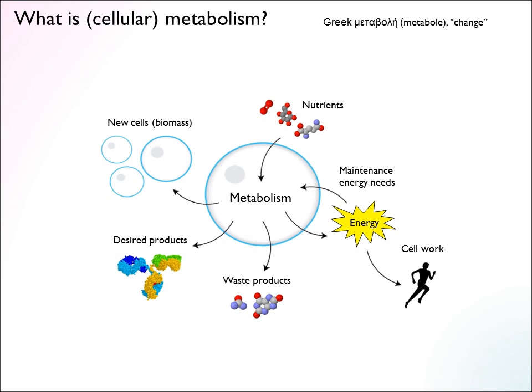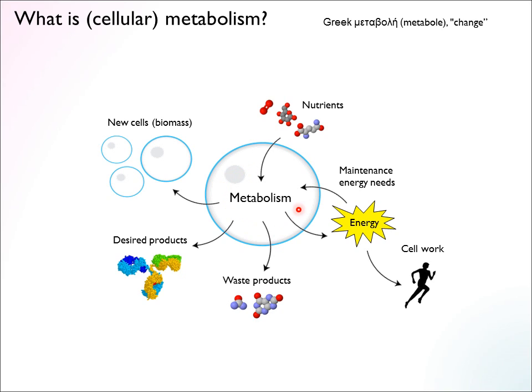So it can vary a lot depending on cell type. And then there's always some waste. So no cell has a perfect metabolism where everything in the nutrients can be taken care of and used. There's always something that goes to waste. So that's pretty much what it looks like, and this is what we're going to be studying in this course.